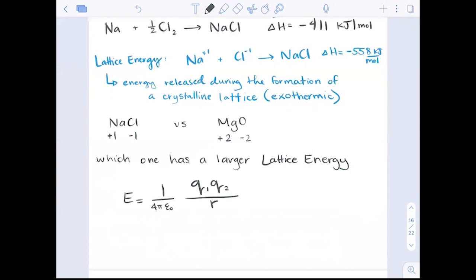So in Coulomb's law, what we really want to focus on is opposites attracting here. The larger the charges, so +2s, -2s, +3s, -3s, the larger the lattice energy.